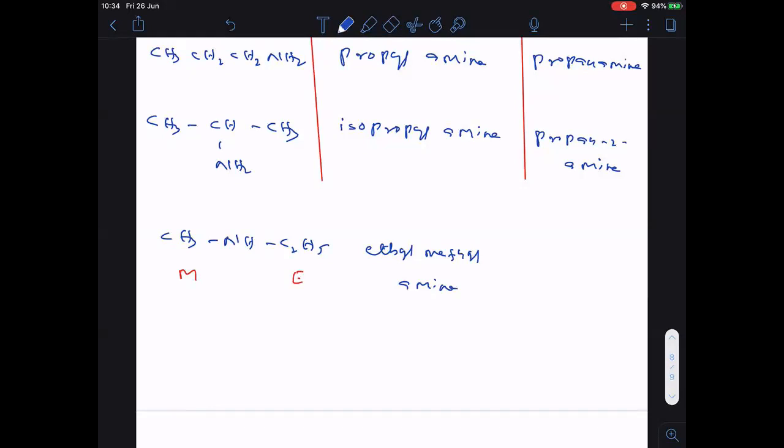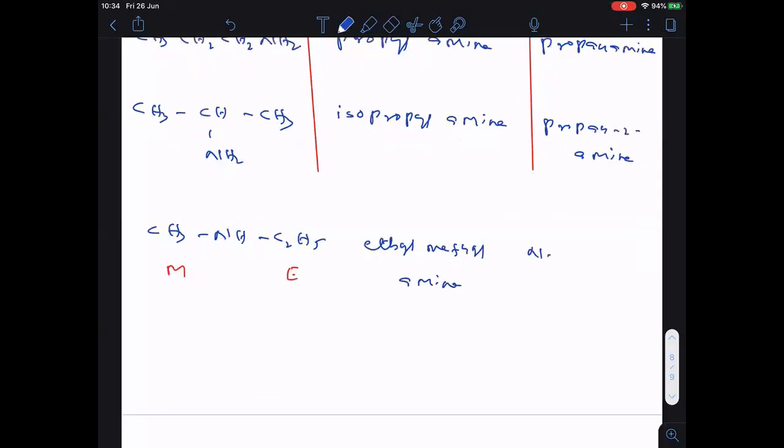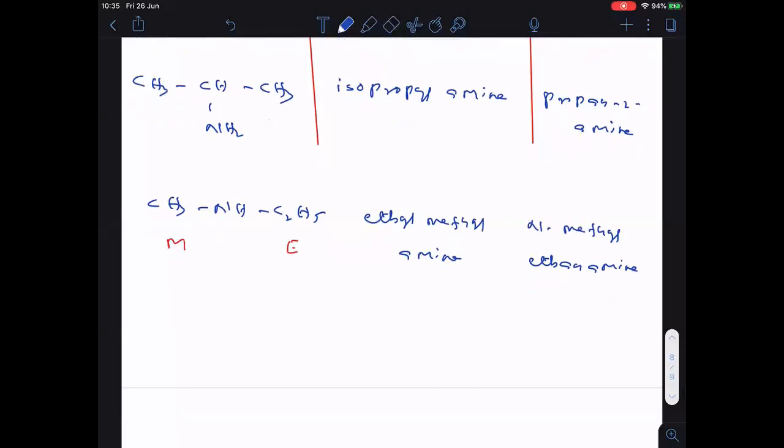So what is its IUPAC name? First we write the substituent N-methyl, then the principal carbon chain ethanamine. N-methylethanamine.